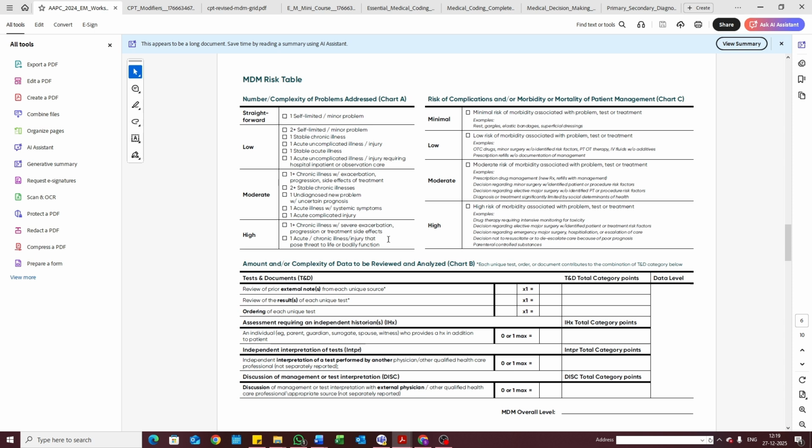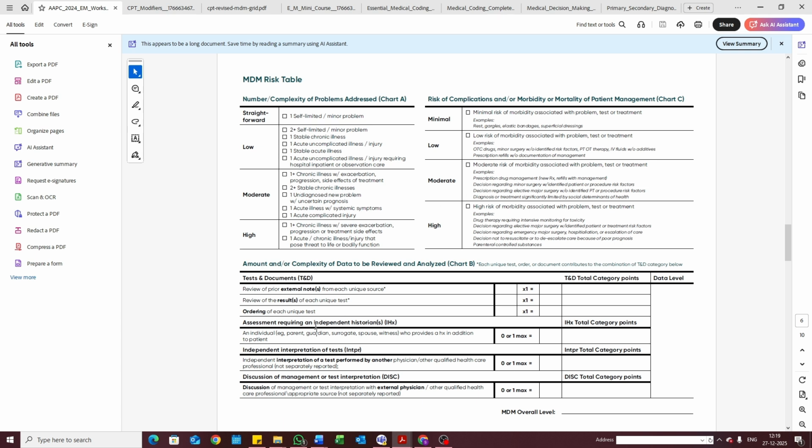services we are calculating MDM only 2 by 3. 2 by 3 means table A, table C, and table B. Out of 3 tables, we are considering only 2 tables which go to the level. Suppose this is moderate, this is moderate, and this is low.